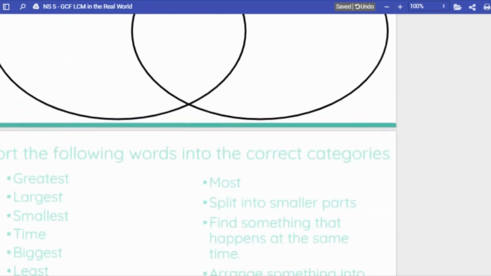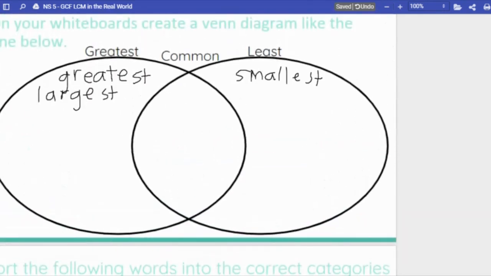Okay, the next one is time. Now, when we're talking about time, because time counts on, this is going to be a least common multiple because multiples, right, after 2 minutes, after 4 minutes, after 6 minutes. So we're getting those multiples of numbers. So time is going to fit under that category.